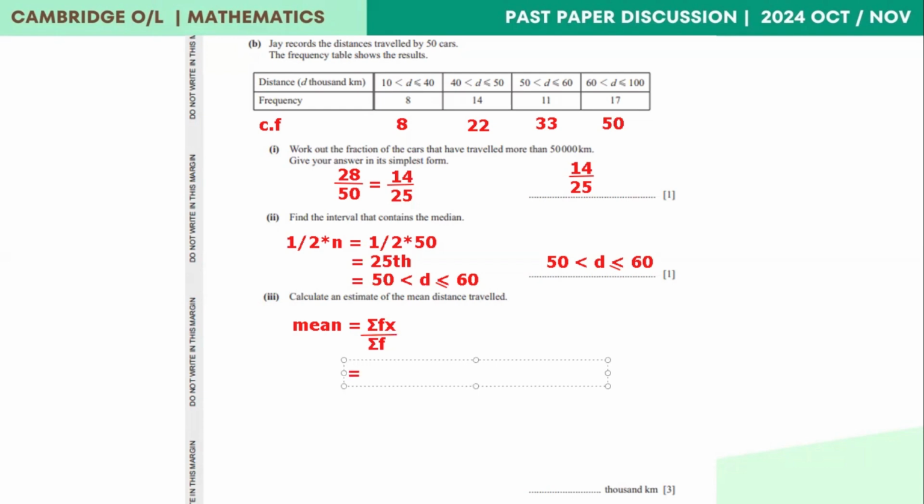The first fx value is 8 into 30, the middle number of the first interval, plus 14 into 45, the middle number between 40 and 50, plus 11 into 55, the middle number between 50 and 60, plus 17 into 80, the middle number between 60 and 100.